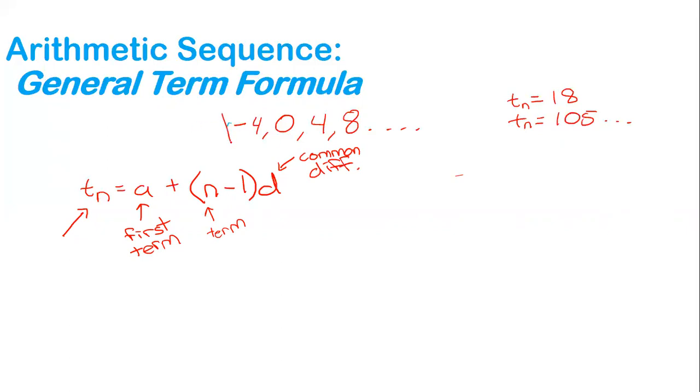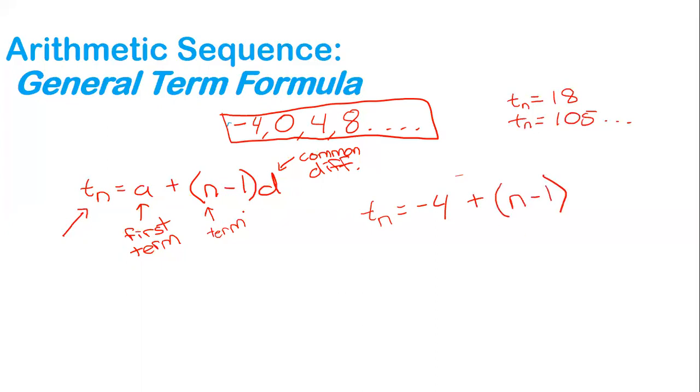So looking at our sequence above, let's go ahead and try to solve and derive a general term formula. So our first term is -4, plus n minus 1. And what's our common difference? Well, our common difference, if you could see, is 4.